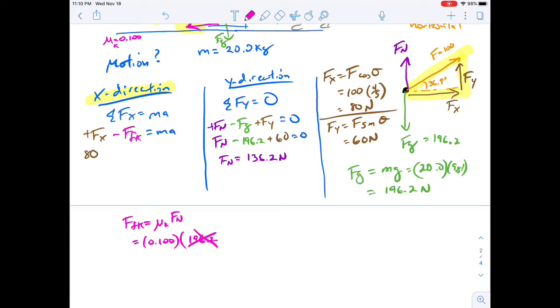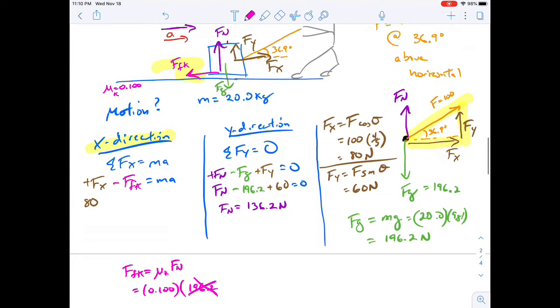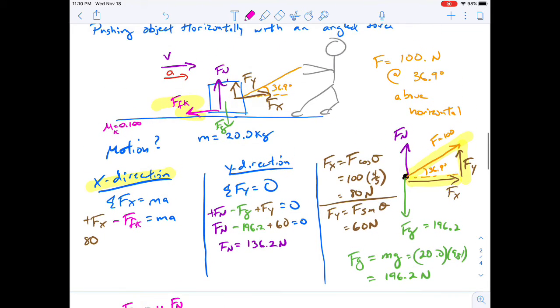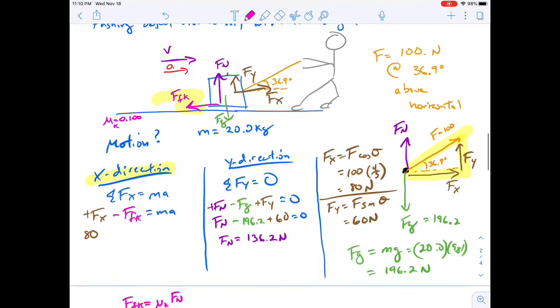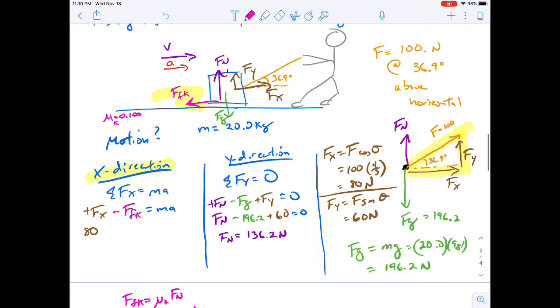That means that we do not have as much friction in this scenario as if the object was just being pulled sideways. Because again, this force here pulled over and upward.